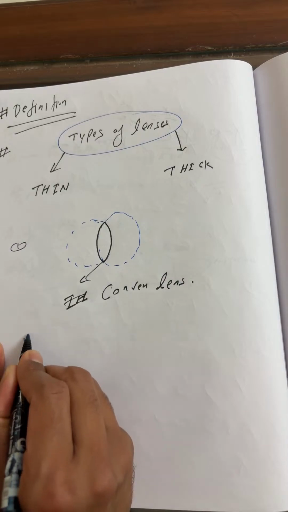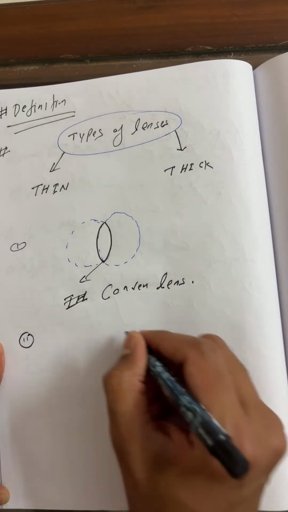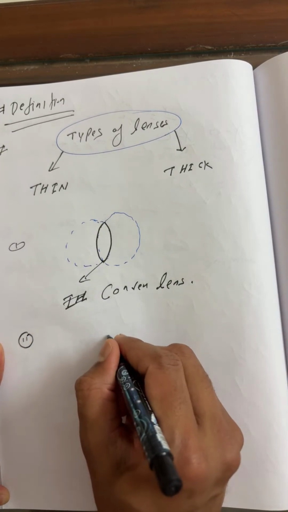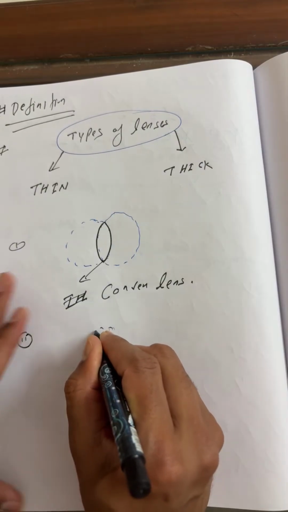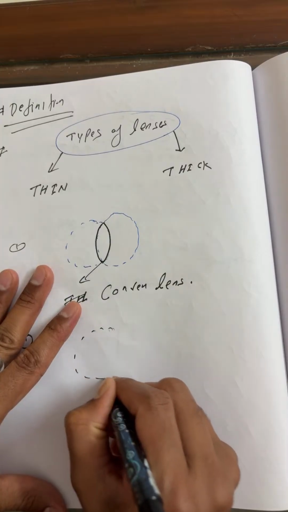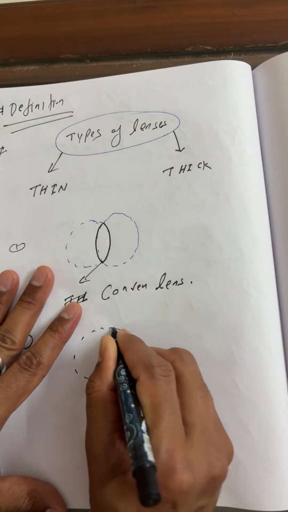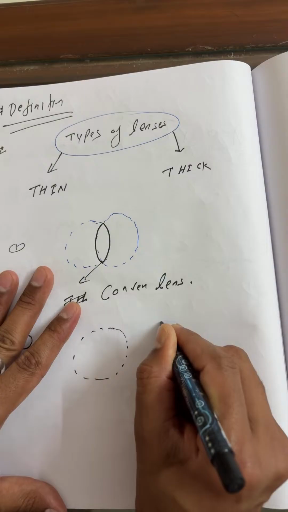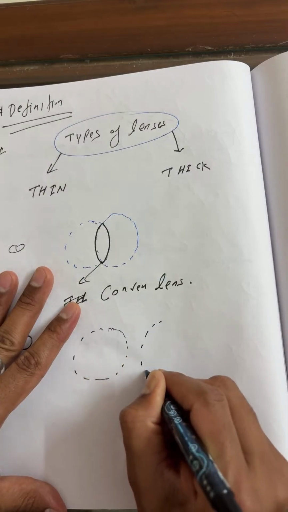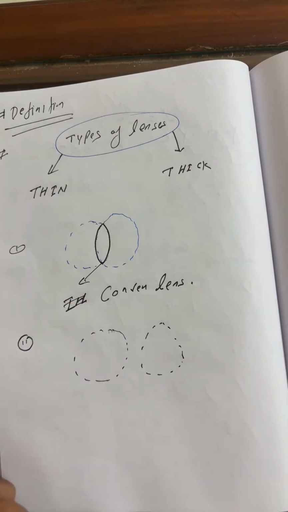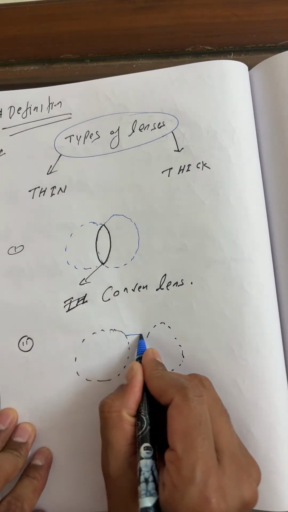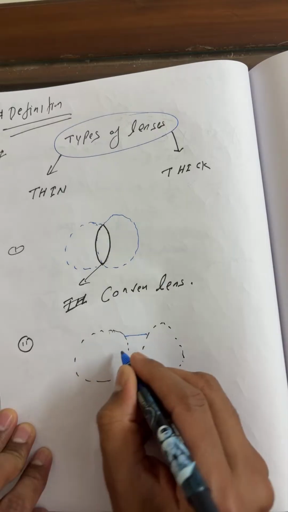Next, in the second, the lenses are made by using two spherical surfaces. Here I'm going to tell you about another kind of lens.